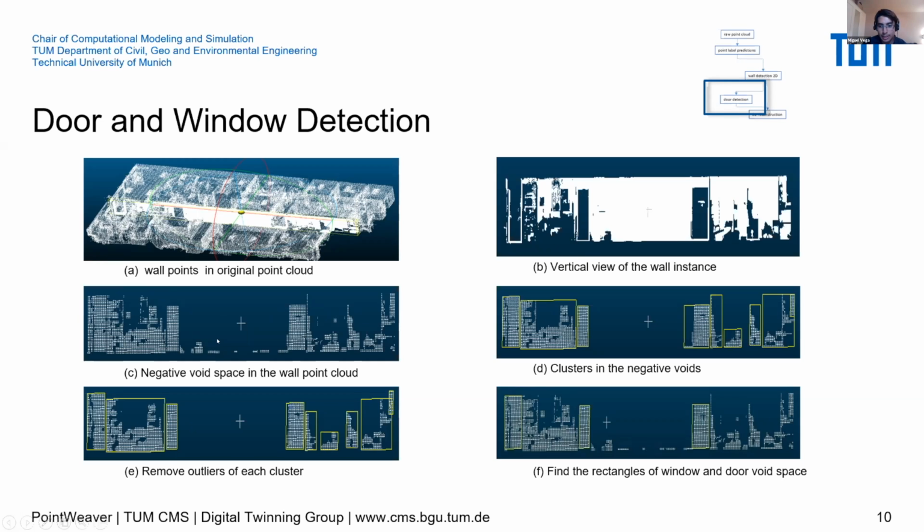Then we cluster these negative voids in different groups, and we remove outliers in each cluster. Finally, we fit rectangles so that we can find doors and windows in the point cloud.